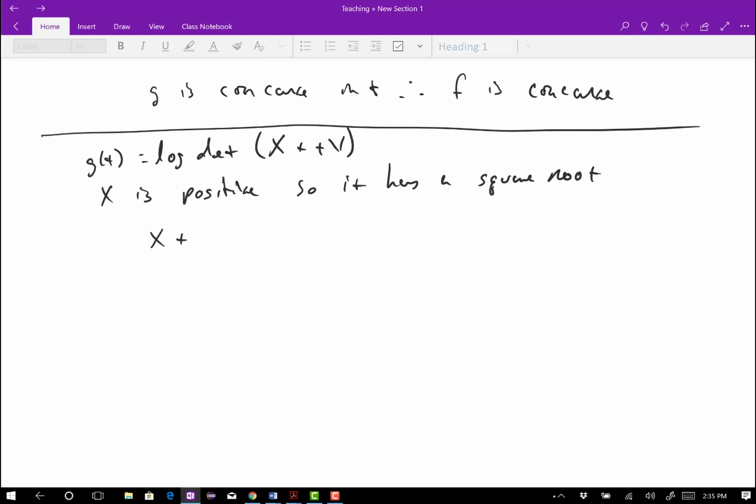X plus tv is equal to x to the 1/2 times the quantity I plus t x to the minus 1/2 v x to the minus 1/2, times x to the 1/2. And if you just multiply this through, you'll see that this is in fact true. Remember, the t is a scalar.